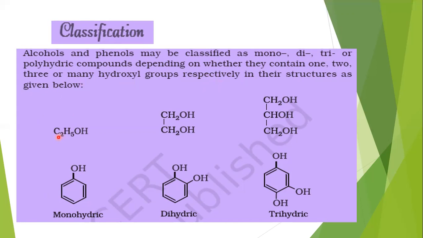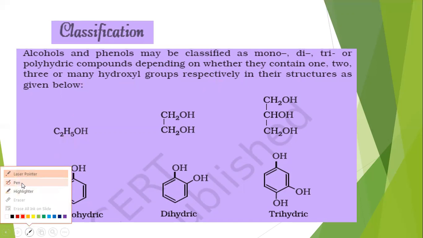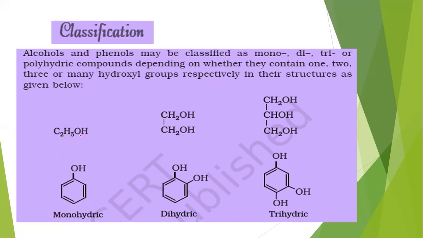So, for example, C2H5OH has only one OH group.